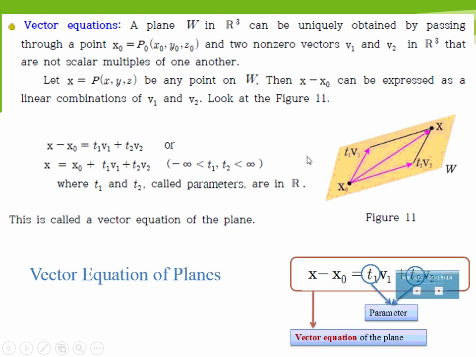So this plane is the set of vectors x, with components x, y, z, that satisfy this equation. So this is a vector equation, and it is called the vector equation of the plane W.